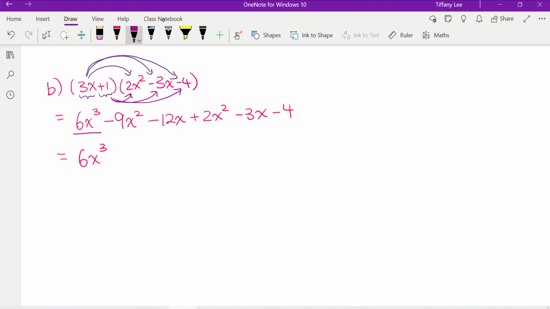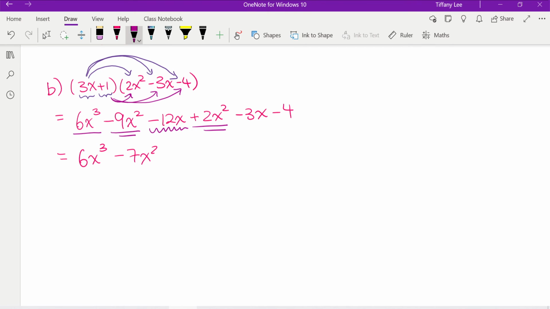Let's take a look at the next one. We have negative 9x squared. Let's see if there's any other x squared. And yep, we have another x squared here. So we have negative 9x squared plus 2x squared, and that's negative 7x squared. Next up, we have negative 12x.